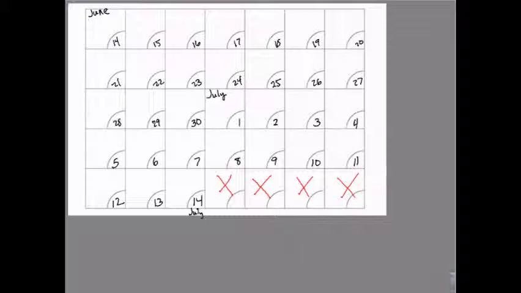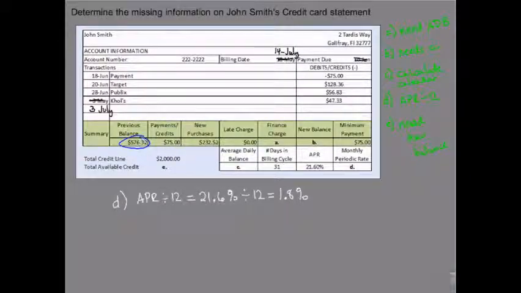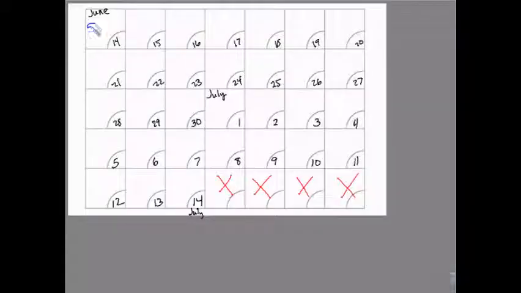Our previous balance, if you look on the statement, is 576.32. So that goes in the first day. On June 18th, there was a payment of $75.